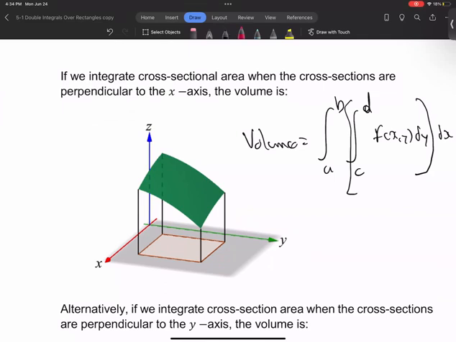Or you could do calculus 2, do the cross section here, find the area of this part, but then integrate this area from C to D. If you don't like that, I give you another option. Do the cross section like this, find the area of this part, and find the integral between A and B.